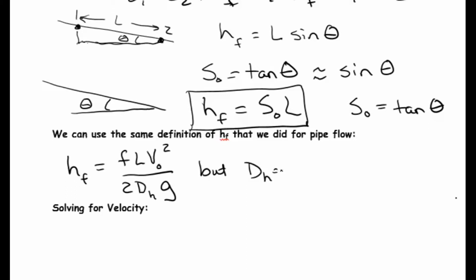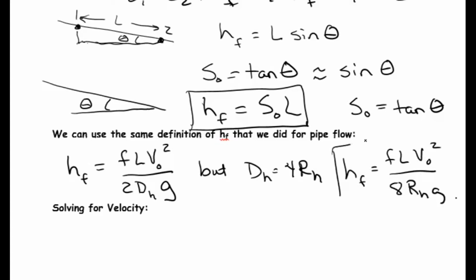And DH equals 4 RH, so we can actually plug that in and get hf equal to f L V0 squared over 8 RH g. Alright, so with this equation and this equation, we can now solve for velocity.